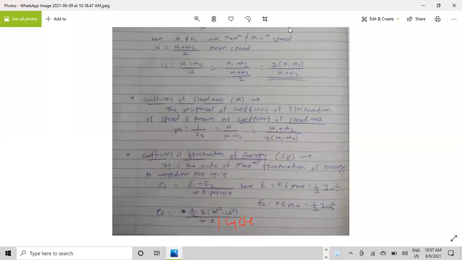Okay, so all students write down all the formulas. I have shared the PDF of typed notes of all units of the term, and I have already sent handwritten notes also. Write down all the terms regarding this flywheel, and you will be asked MCQ questions on these formulas.